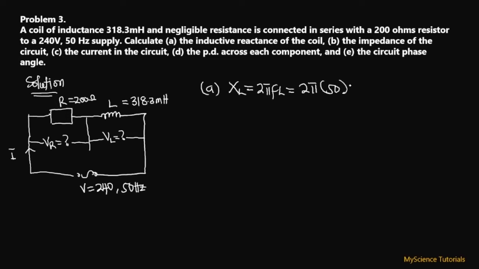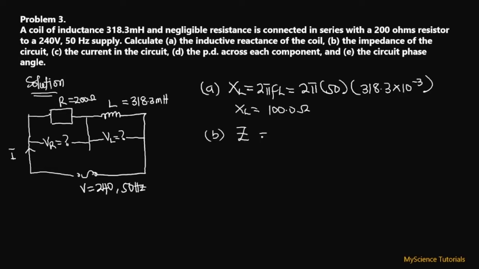We have 50 here, and then our inductance is 318.3 times 10 raised to the power minus 3. Okay, so if we compute that into our calculator, we are going to get the value of XL to be equal to 100 ohms.